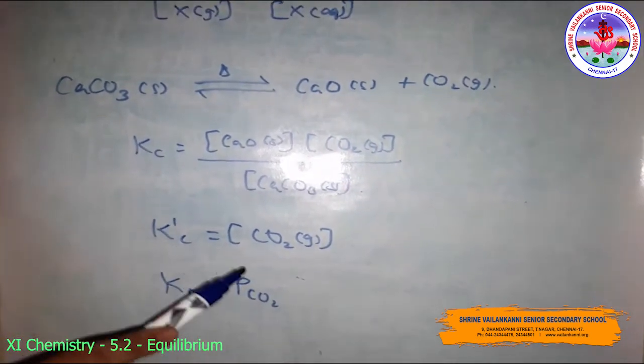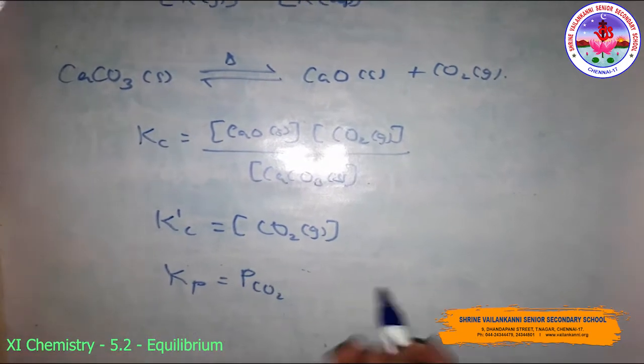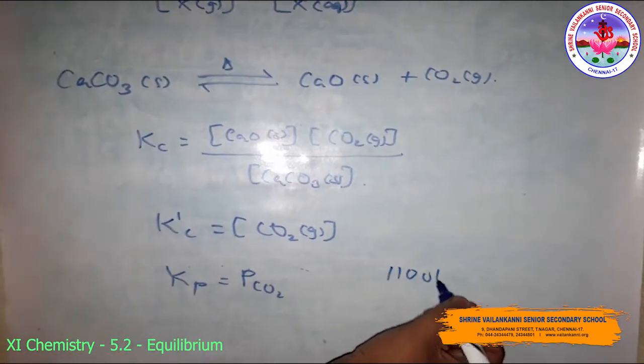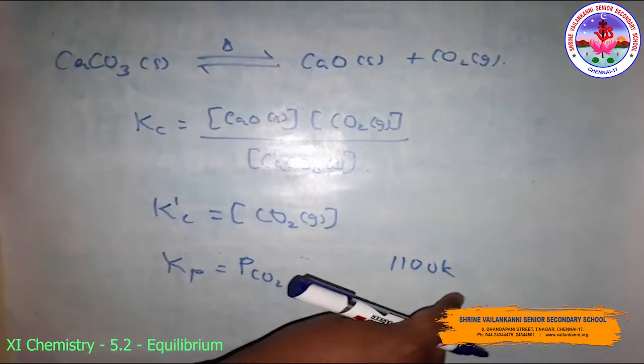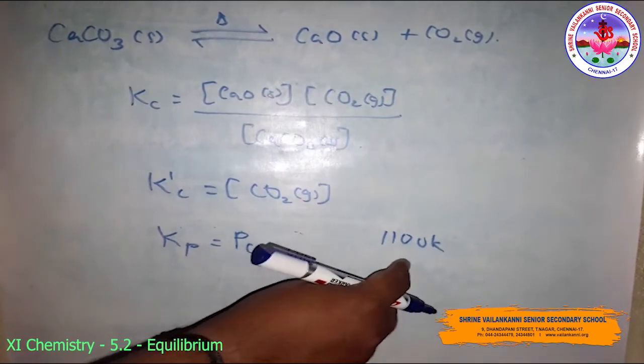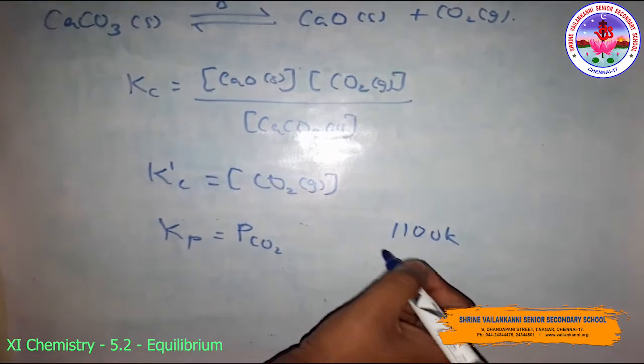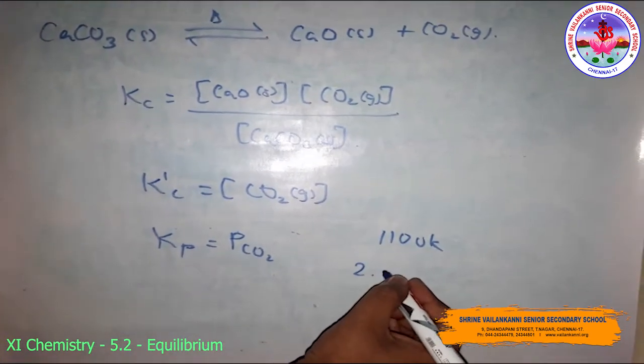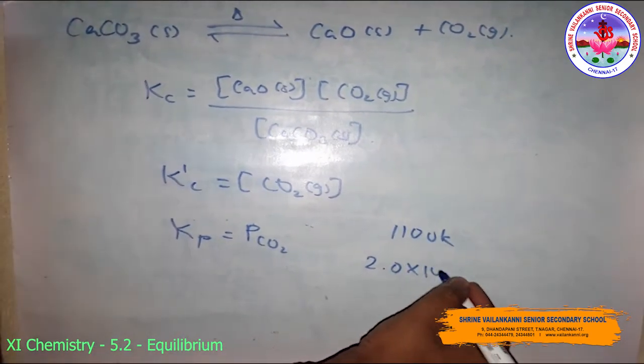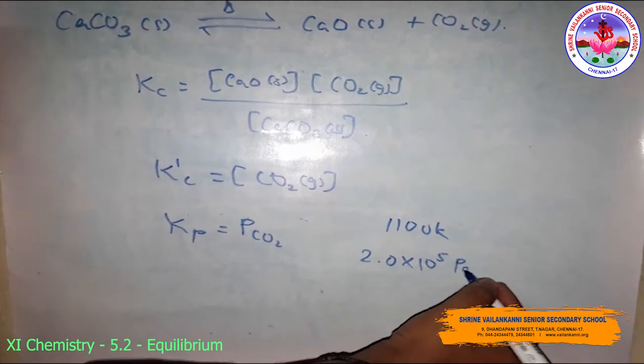Experimentally it has been found that at 1100 Kelvin the pressure of carbon dioxide in equilibrium with calcium carbonate and the calcium oxide is 2.0 into 10 power 5 Pascal.